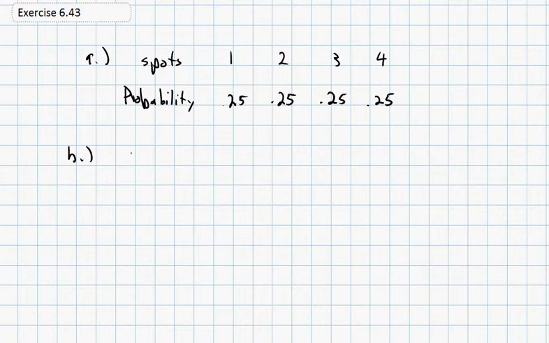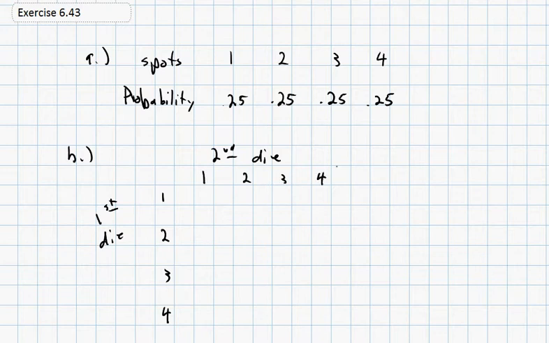So it might help if we actually just make like a table. First die, and second die. And let's come up with all the different options you could possibly have. You could get 1, 2, 3, or 4 on the first die, and 1, 2, 3, or 4 on the second die.